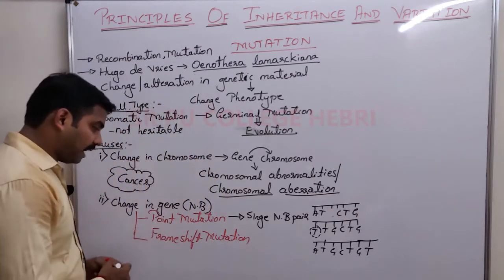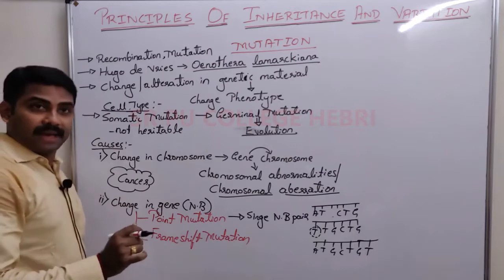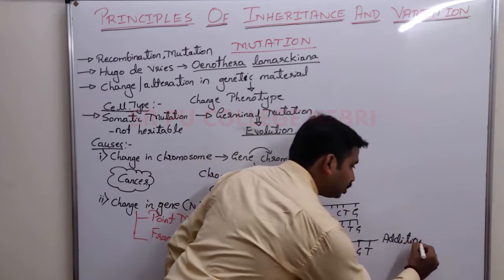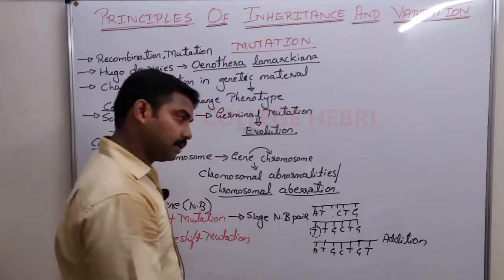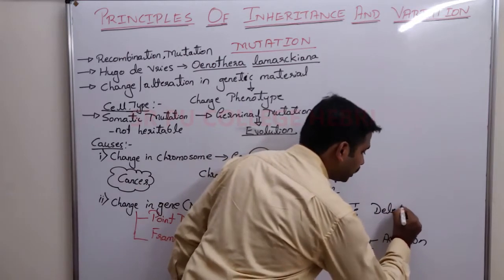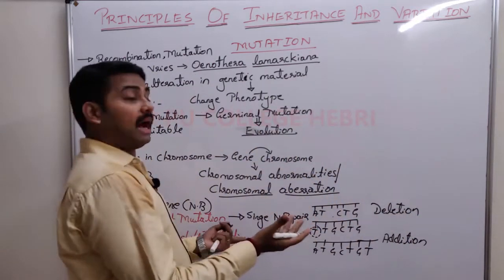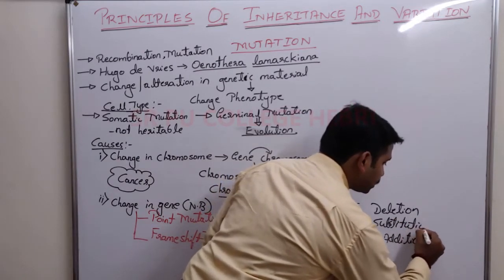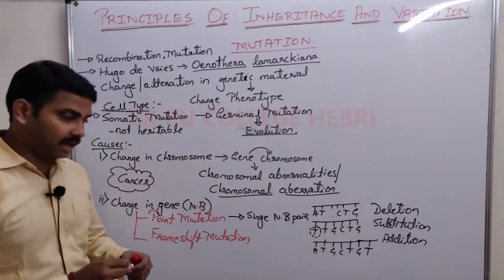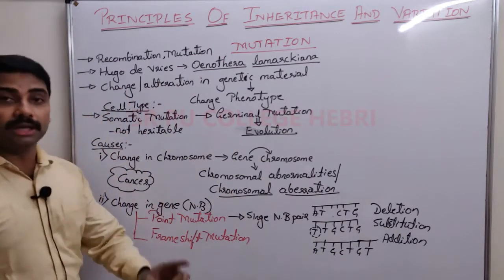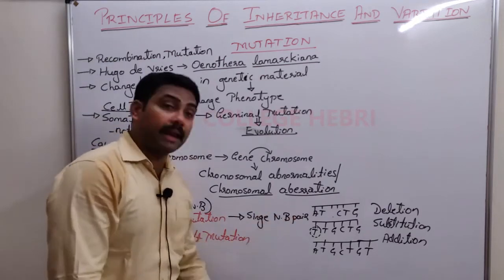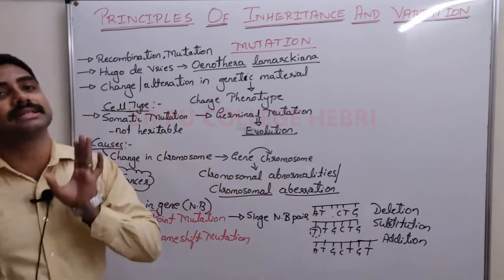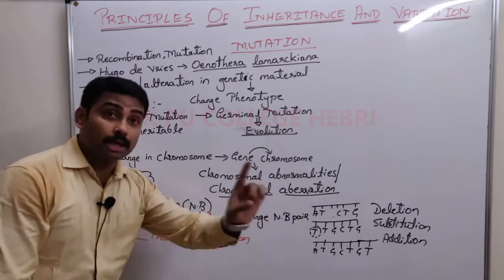So try to understand, change in the nitrogenous base can occur due to addition of a single nitrogenous base or deletion of a single nitrogenous base athava substitution, alva? Substitution of a nitrogenous base. Shall I repeat once again? What is point mutation? Change in the single nitrogenous base pair either due to addition, deletion or substitution of the bases. How many bases? Only one.